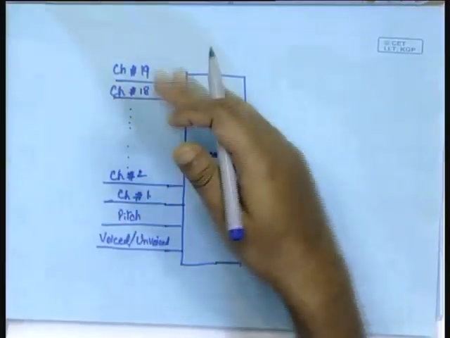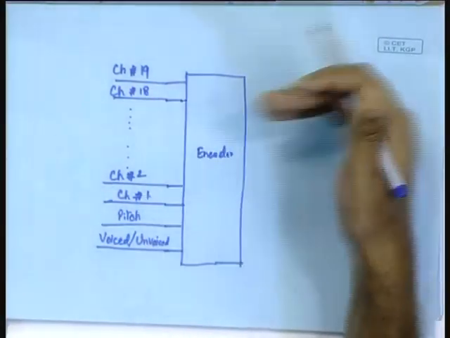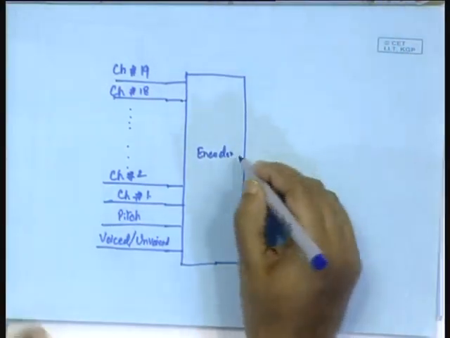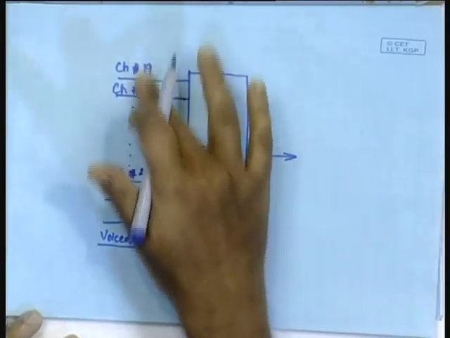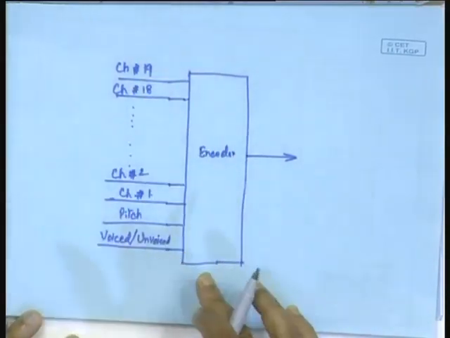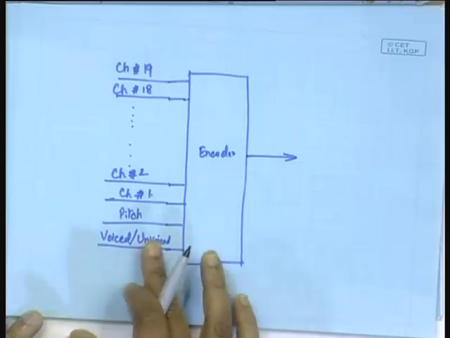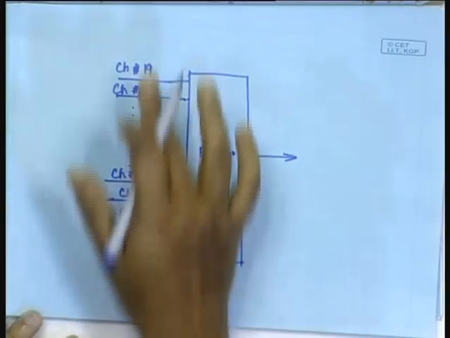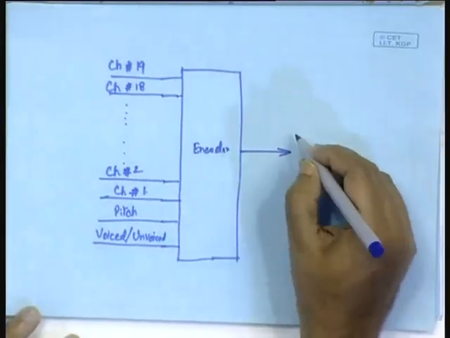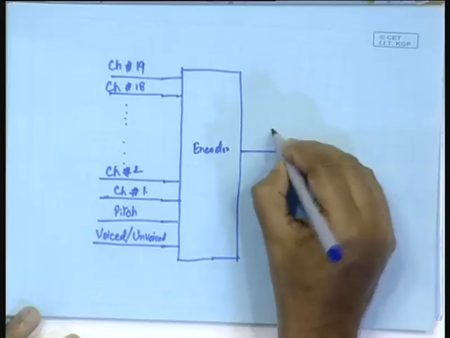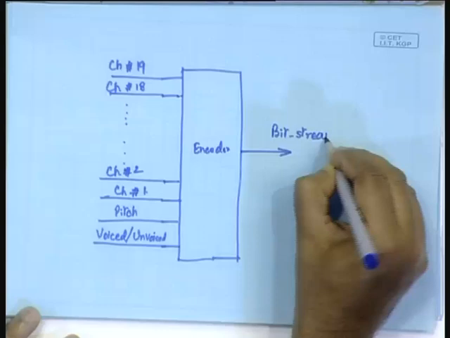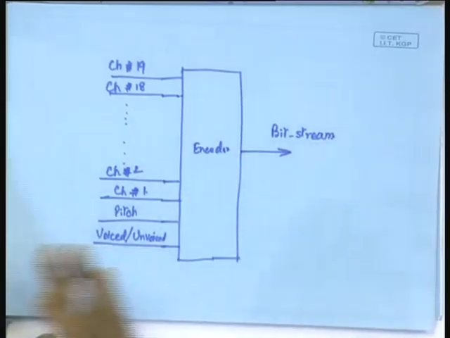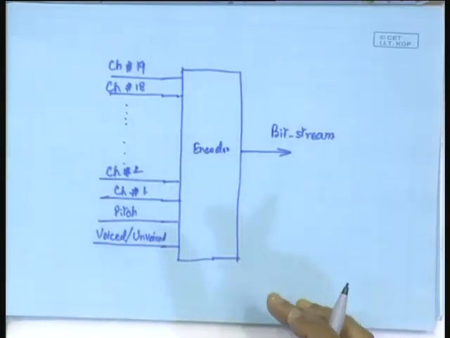In other words, it is a kind of spectral analysis that we have done using this bank of filters. And then this encoder's job will be, see, basically here everything is digital in nature. So, all this digital information will be encoded and the appropriate bit stream will have to be generated. So, this is the analysis followed by encoding scheme.